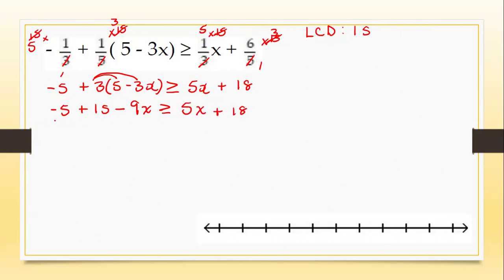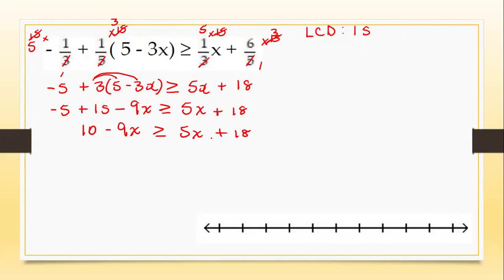Collecting like terms, simplifying first on the left. Negative 5 plus 15 is positive 10, subtracting negative 9x, which is greater than or equal to 5x plus 18.